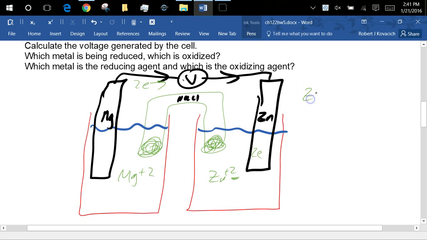So over here, my zinc plus 2 is being reduced to zinc solid. And my magnesium solid is being oxidized to magnesium with a plus 2 charge.